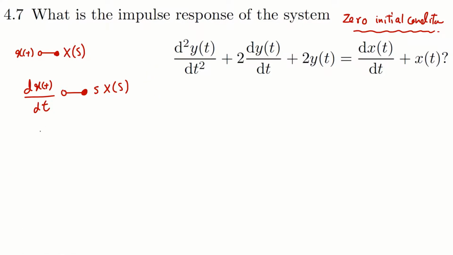We can also say that the second order derivative of x of t equals s squared X of s, given the zero initial condition. Okay, so bear that in mind.